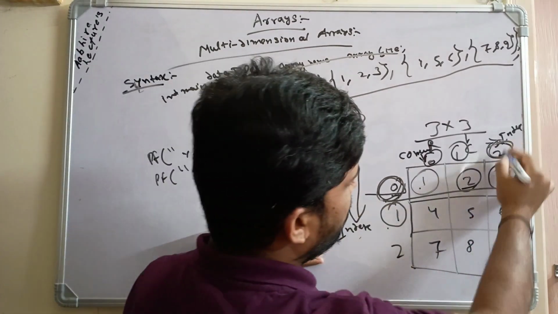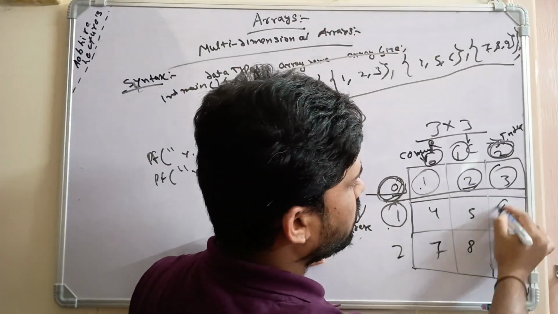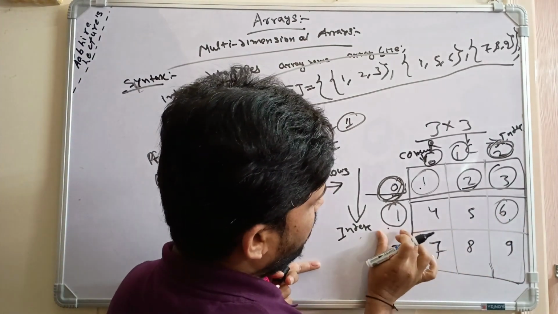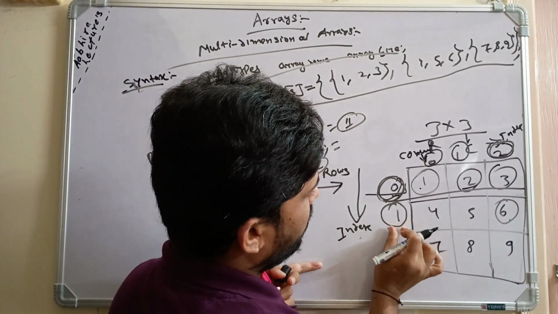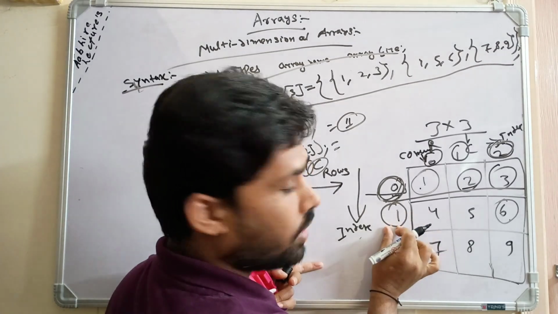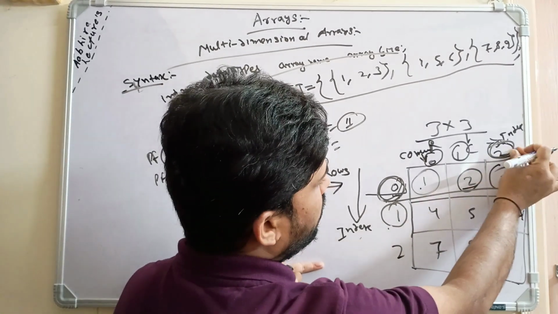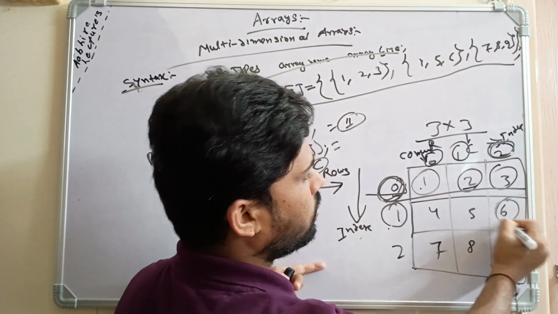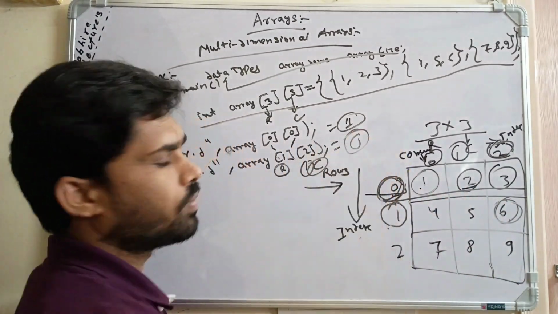So what is the value? 6. In the second row, index 1 is given, and in the column, index is 2. So what is the value? 6. So 6 it will print.